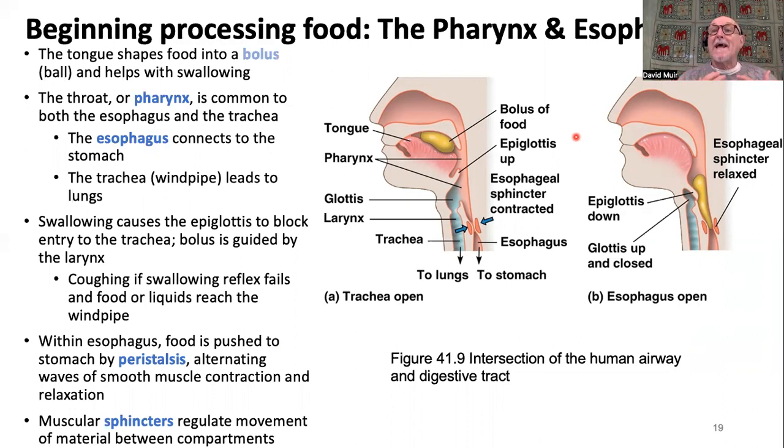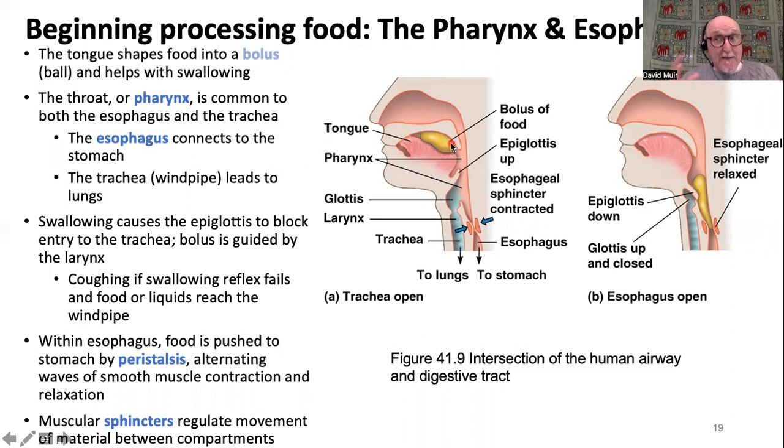And once it is at the back of the throat, we make a voluntary decision to swallow. Once that decision is made, once the food has passed a certain point over the back of the throat, involuntary processes take over. So the structure at the back of the throat is really important.